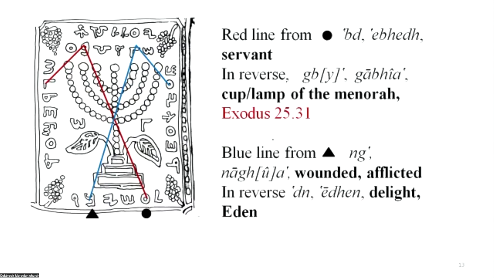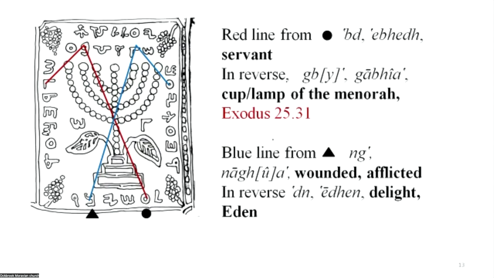So here he is functioning as part of the menorah. You remember in the book of Revelation, John has to give a word of warning to the angel of one of the churches: mend your ways, or your cup or your lamp or your branch will be removed. So the idea that your branch was cut off was a very real threat.